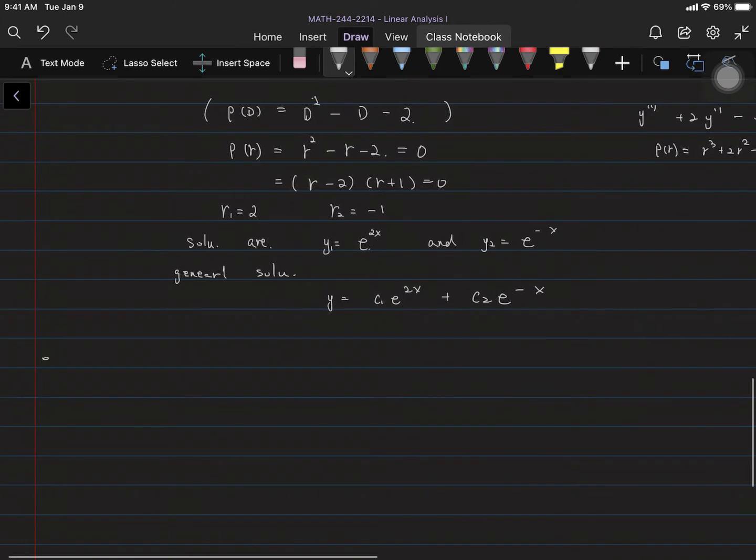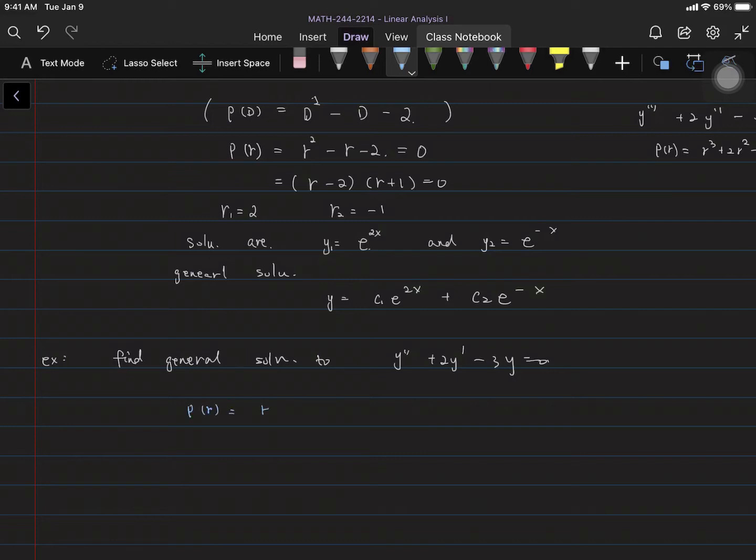We can take a look at this exercise problem, very similar. Find the general solution to the equation that looks like this: y second derivative plus 2y prime minus 3y equals 0. You can try this by yourself. And here's the solution. Firstly, I write down P(r), r squared plus 2r minus 3, and I want to factor this out and solve for 0, which is r plus 3, r minus 1 equals 0, right?